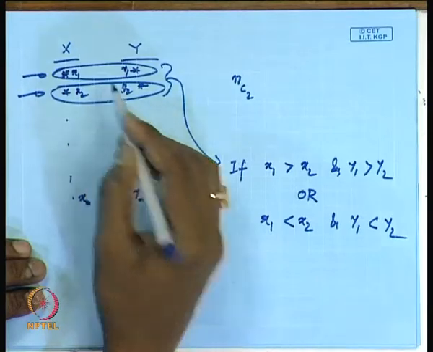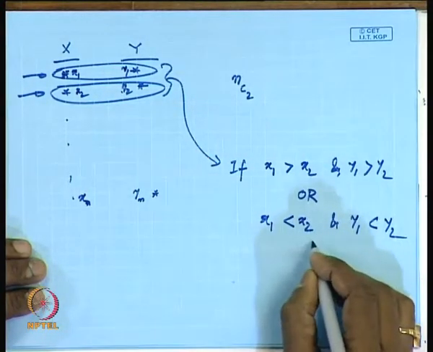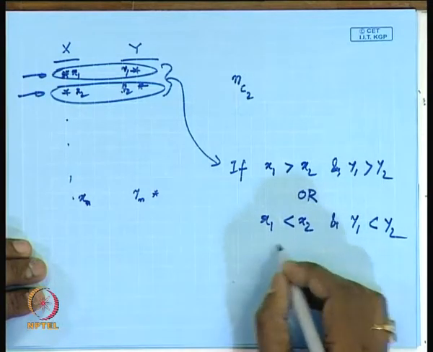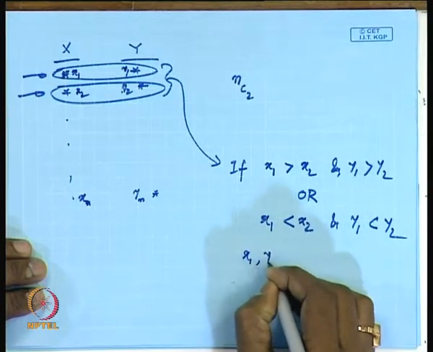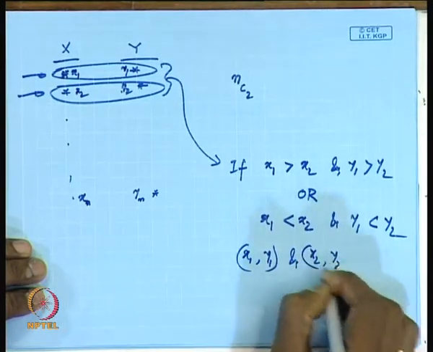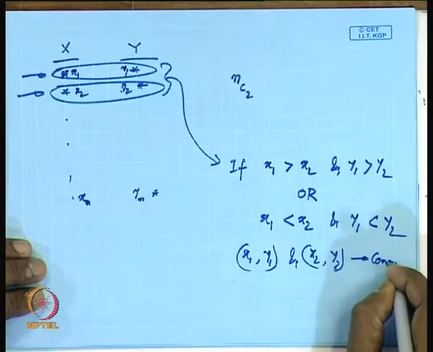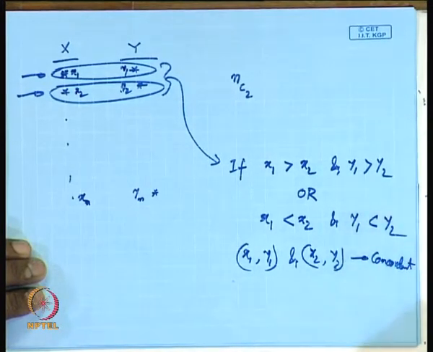If that is so, then this is what is explained through this mathematical form. These two pairs, x1 comma y1 and x2 comma y2, are said to be concordant.